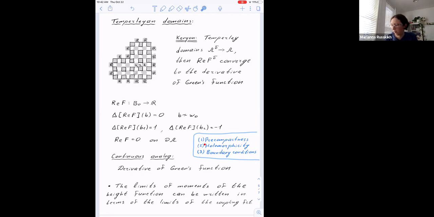And the next step is to show the holomorphicity. And here, the Morera theorem helps. You just check that the integral along each closed contour is 0. And then by boundary conditions plus holomorphicity, such a function is defined uniquely, and we get the scaling limit of the inverse Kasteleyn matrix.